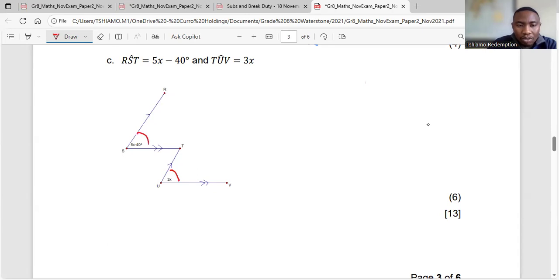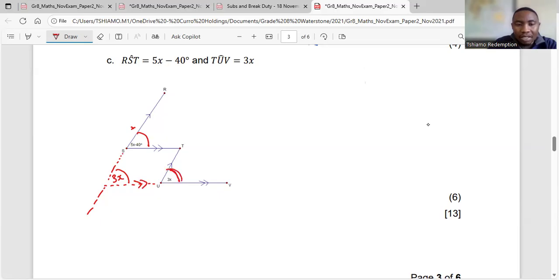There's no rule that we have that can link those two directly. So I would extend here, and then I know that 3x and that angle, or this one, whichever one you want to use, they are corresponding.